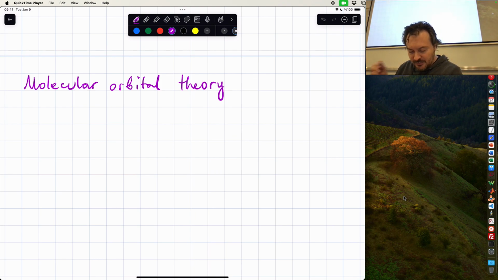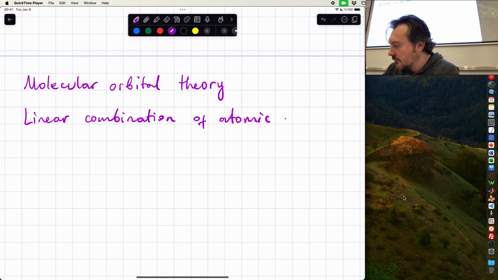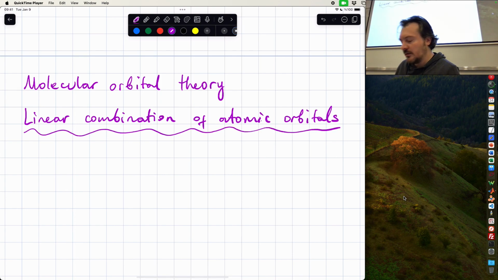So in particular, I'm going to talk about linear combination of atomic orbitals. So we are going to try solving the electronic structure of actual materials, starting from their atomic counterparts.